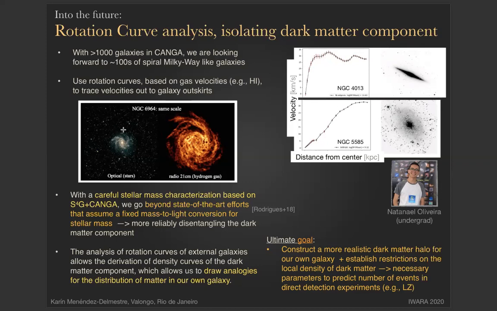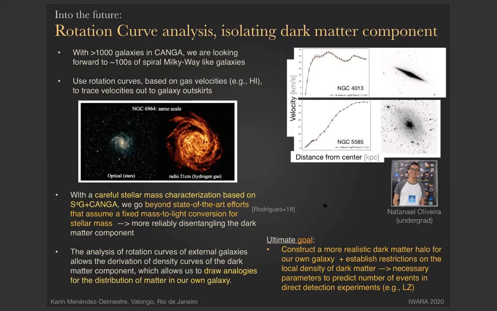So by having a really nice mapping of stellar mass, we can really disentangle the dark matter component. And in that sense, we can create dark matter profiles for these galaxies. And by having several Milky Way-like galaxies, we can draw analogies to our own galaxy.